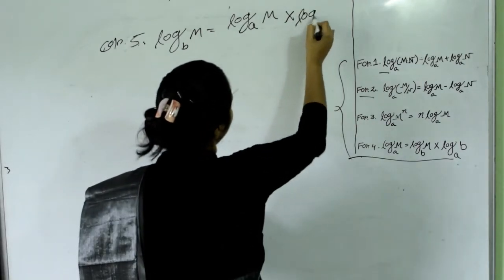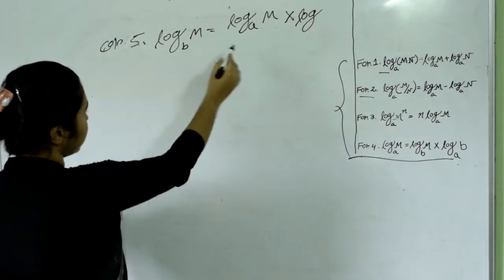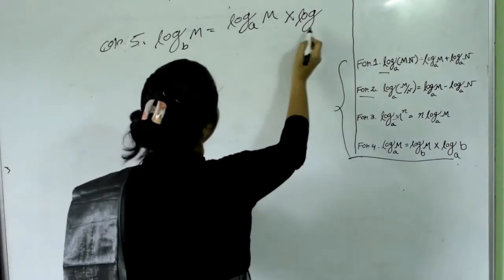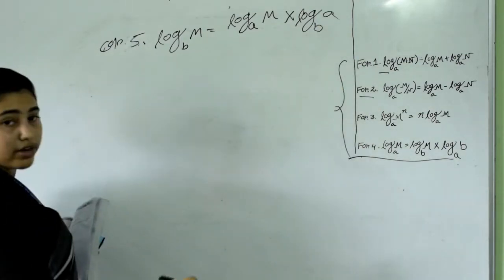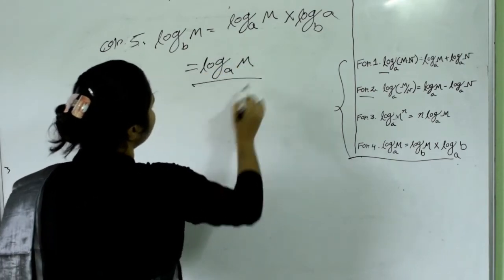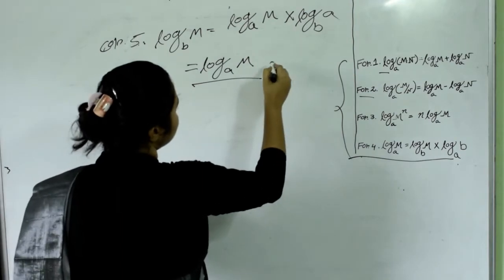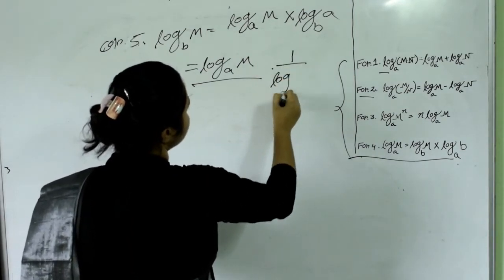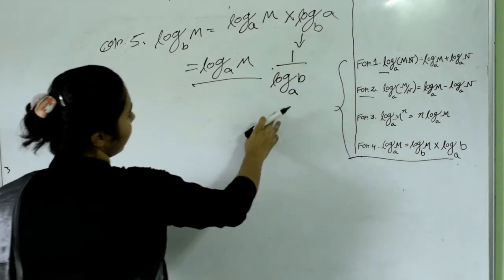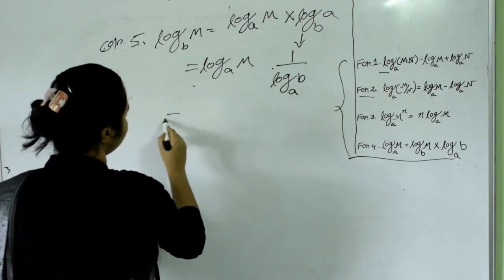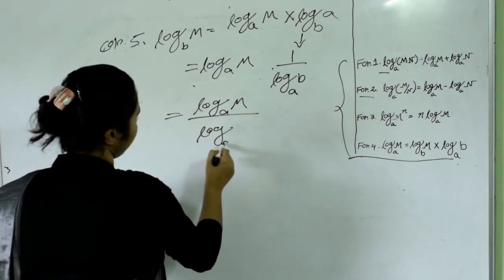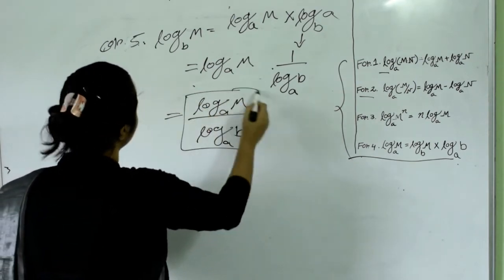So we have to adjust this expression by multiplying one more term, which is log a with base b. Now we know that this is nothing but 1 by log b a. We can write this term as 1 by log b a. So just divide log a m by log a b. So this is our corollary 5.